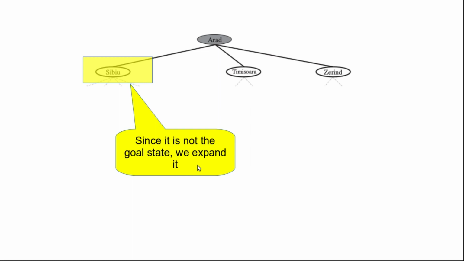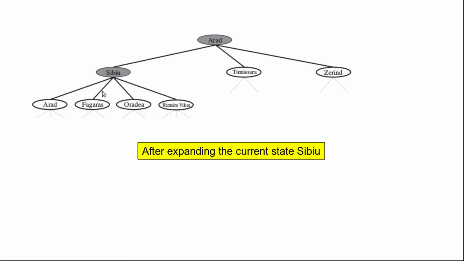To expand, we have to consider what valid actions are allowed, and when we apply those valid actions, we will end up with 4 new states, because from Sibiu we can go to Arad, we can go to Fagaras, we can go to Oradea, or we can go to Rimnicu.